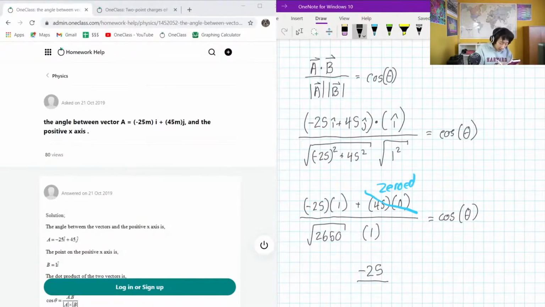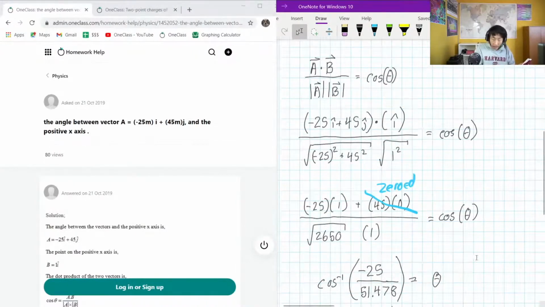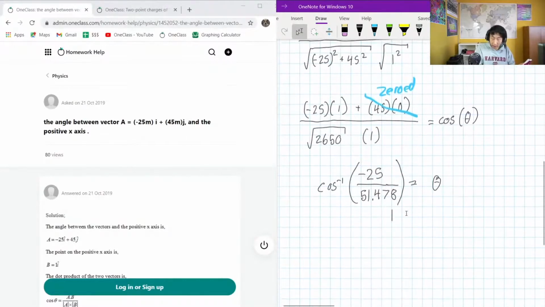And the square root of that is 51.478. And this is equal to cos theta, so to get the theta out of there, we got to inverse cos, arc cosine, both sides. Okay, and then we shall ask the calculator to figure that out for us.